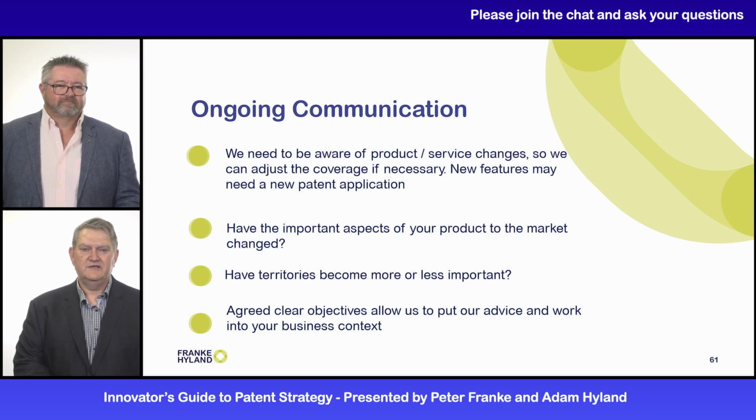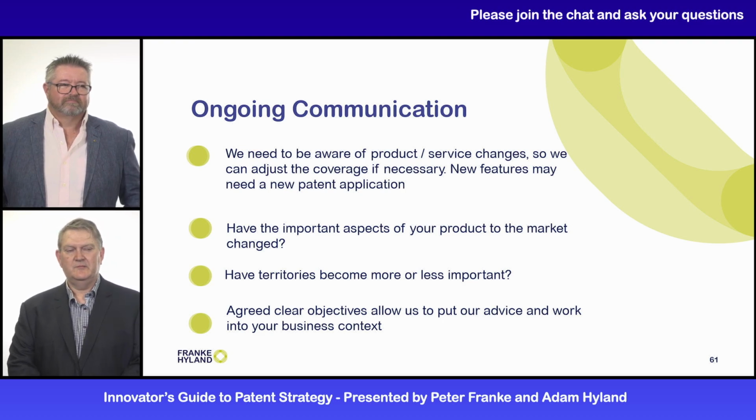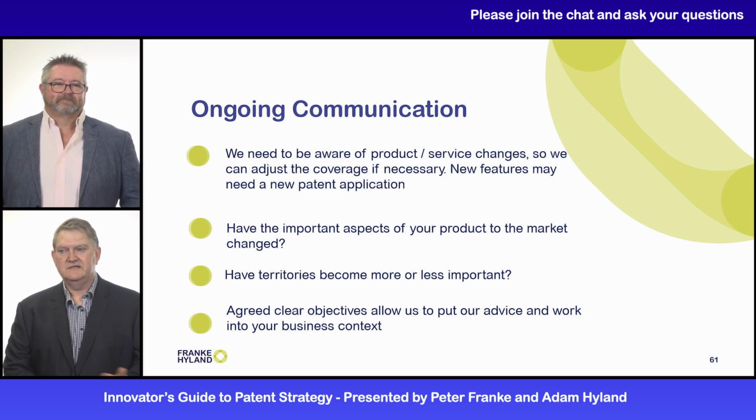The product changes, how the service is delivered might change, what countries are important change, what's important to the market. It is also really commonplace that what someone initially thinks would be the most important feature in the market isn't. It's some other feature as they go along, and that might need us to put a different spin on the patent application.